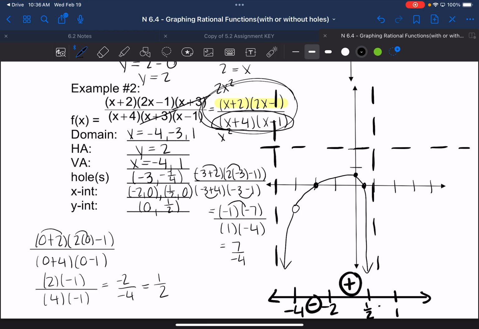So without even plugging in numbers, what should I know the two on the end are going to be? Positives, because it's going to follow that pattern. Okay, so I'm going to have a curve here and a curve here. That way you don't have to plug in so many points, okay? All right, we've got just a few minutes.